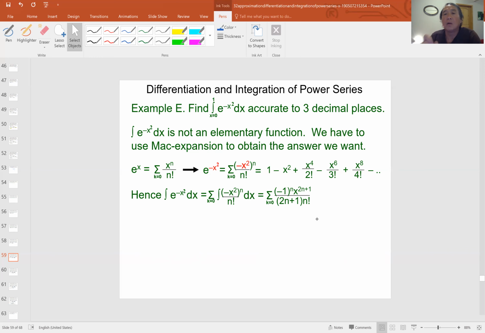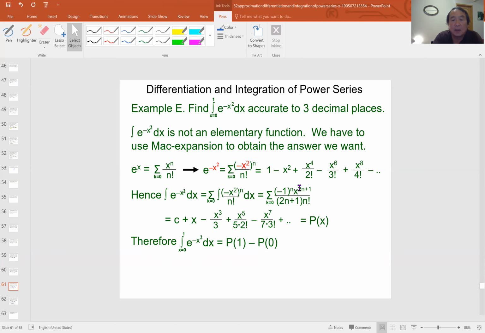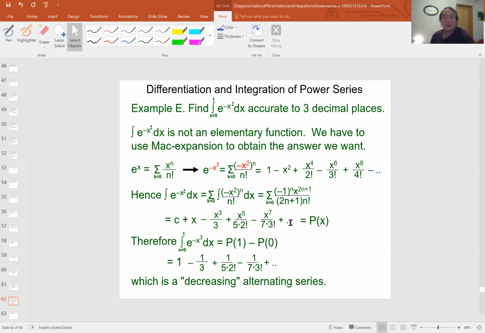Now, we want to make sure that when we plug in 0, I get 0. When plugging in 1, I get this particular series.